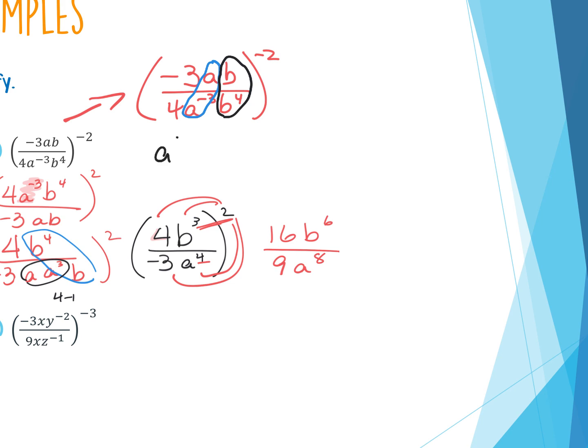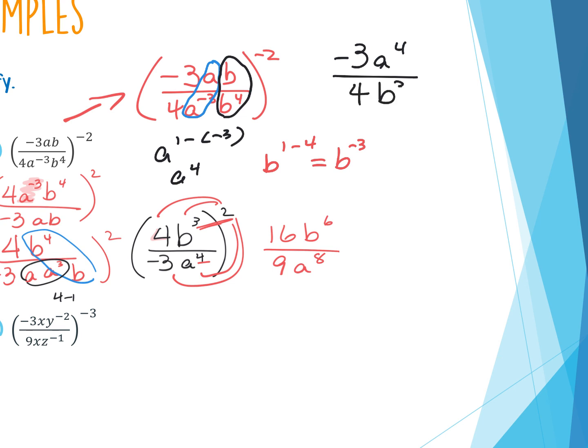So a to the first minus negative 3 becomes a to the fourth. And then for the b's, this will become b to the first minus b to the fourth gives you b to the negative 3. So then what we could write here is negative 3, and then the a to the fourth is in the top, and then the 4 is in the bottom with the b.